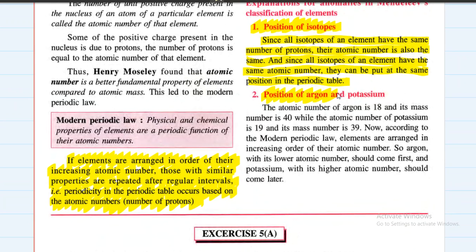And the position of argon and potassium. The atomic number of argon is 18 and the atomic number of potassium is 19. So argon is definitely before potassium. According to the modern periodic law, elements are arranged in increasing order of their atomic number. So argon with its lower atomic number should come first, and then potassium with its higher atomic number.